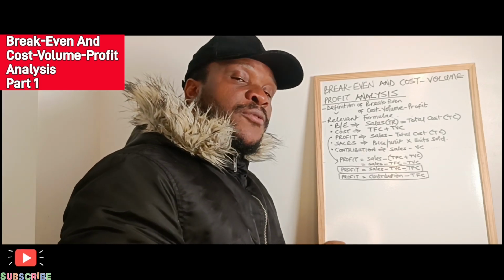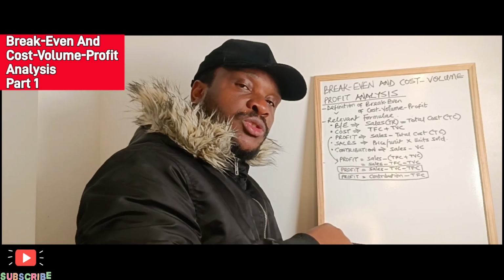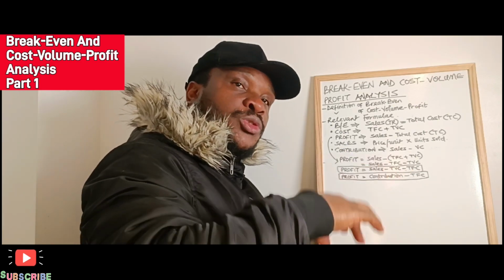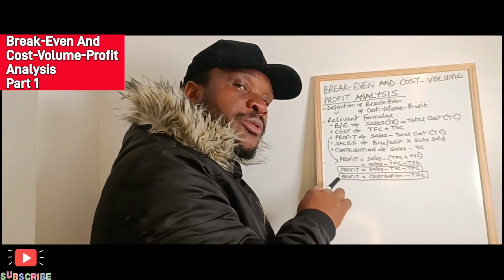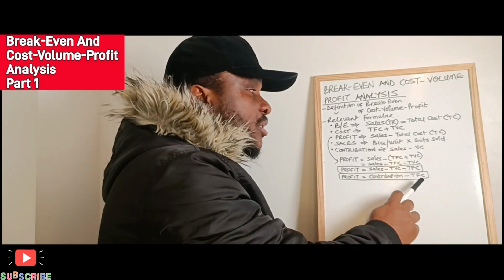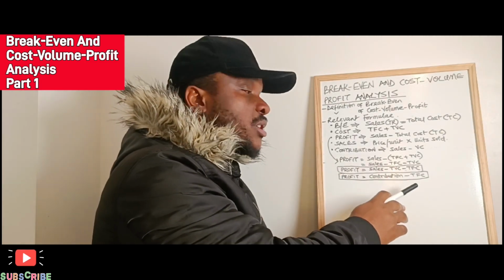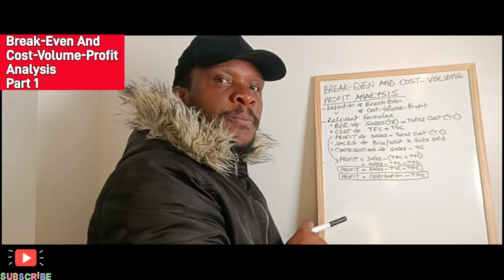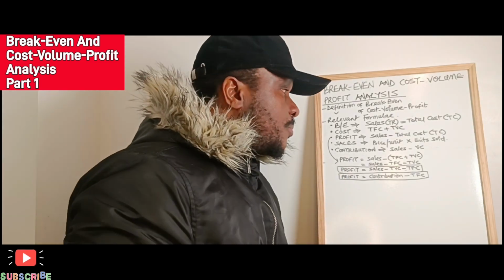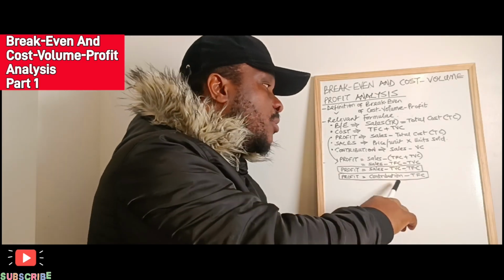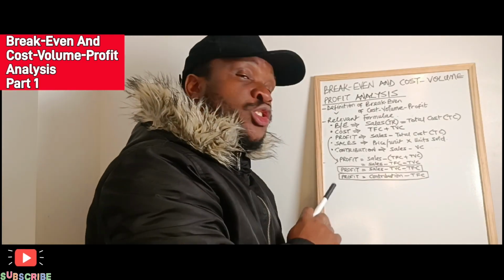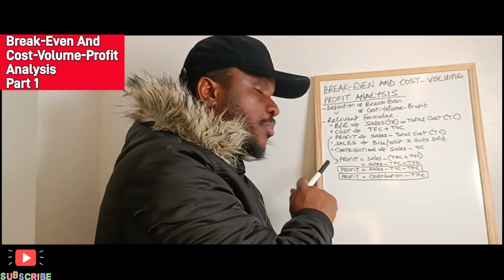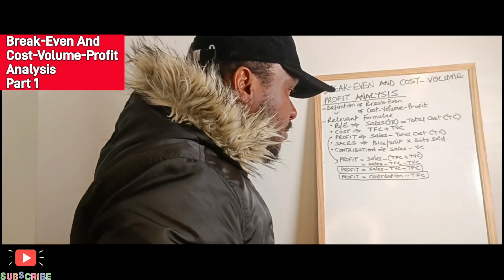You now have to deduct fixed cost from the contribution to arrive at profit. When fixed cost is fully recovered from contribution, you'll be having what we call profit. I hope this is clear.